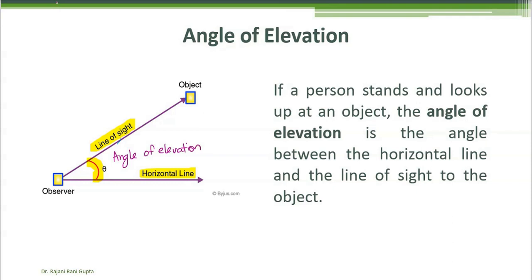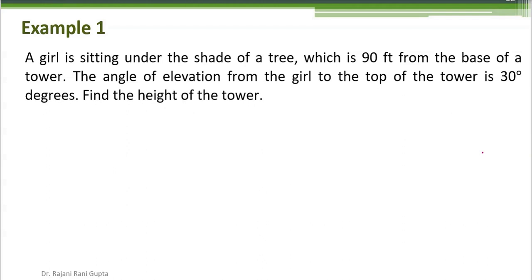Now let's see how we can use this concept and the concept of trigonometric ratios to solve some height and distance problems. So the first question. The question says that a girl is sitting under the shade of a tree which is 90 feet from the base of a tower.